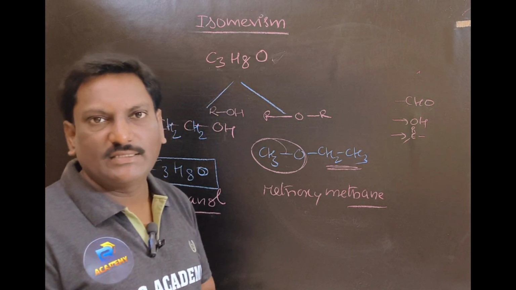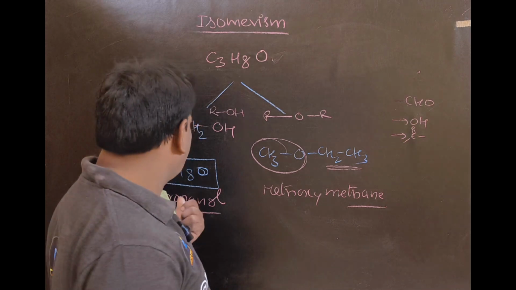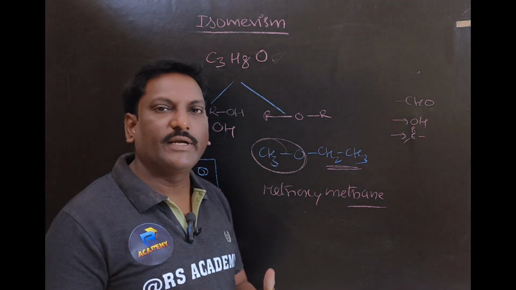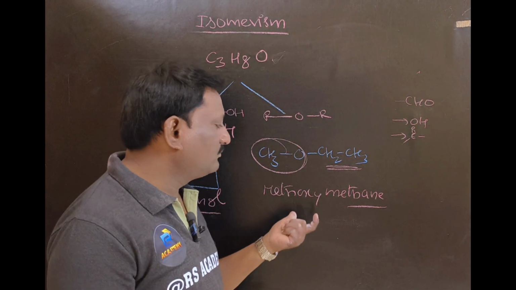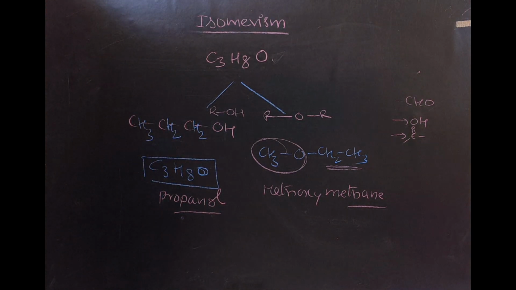Acids are converted to esters. Ketones are converted into aldehydes, whereas alcohols are converted into ethers. Make a note.